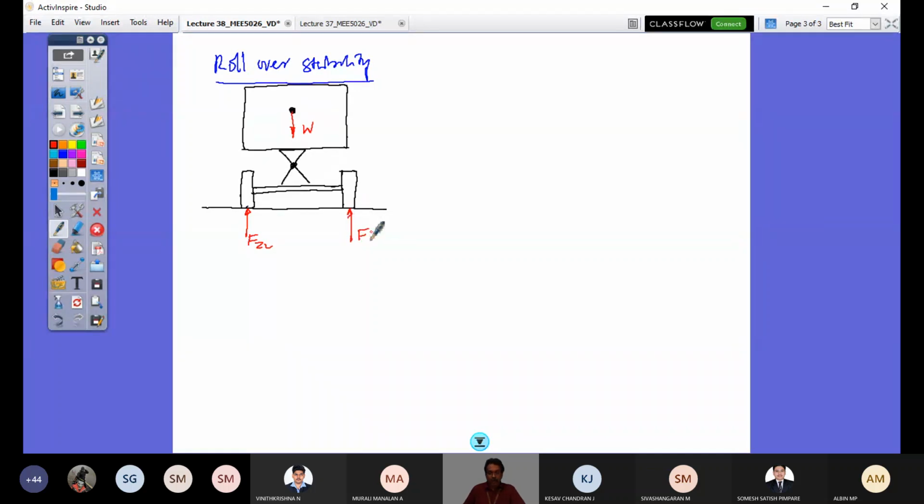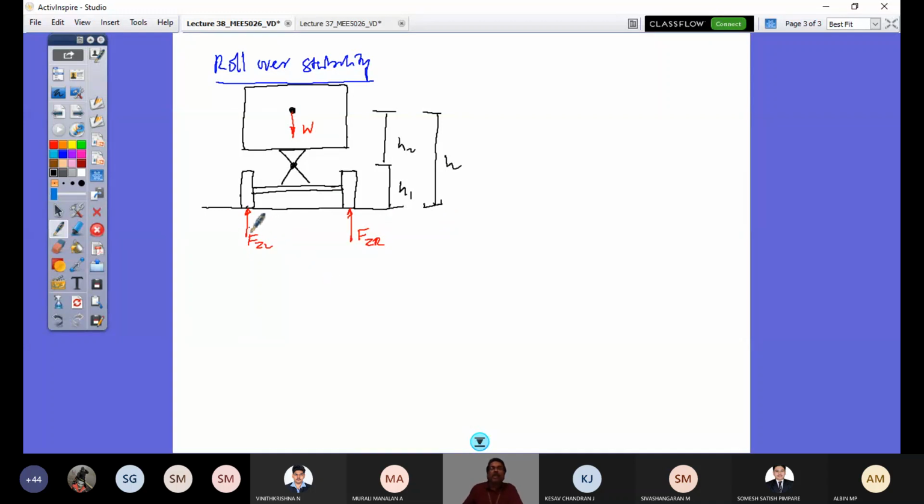And let me define now for convenience the height of roll center from the ground as H1. We have defined in our previous analysis HRC. Please consider this as H1 and this as H2, and the CG height from the ground as H. This is what we always consider, right? So consider the same.